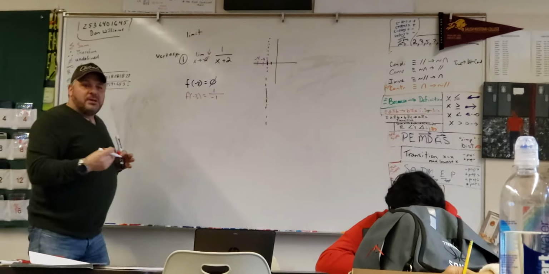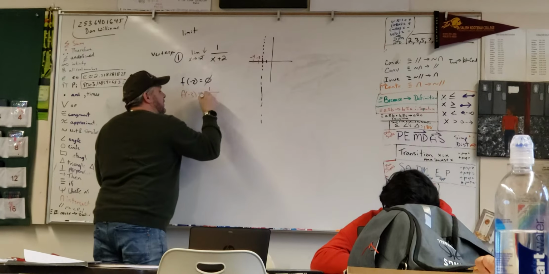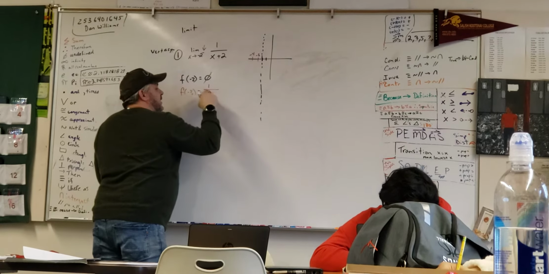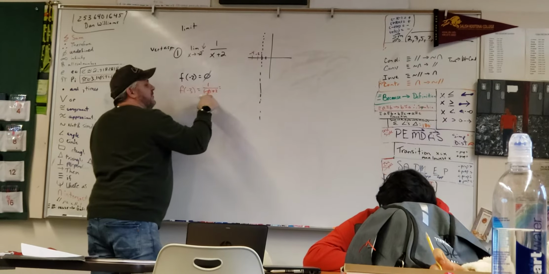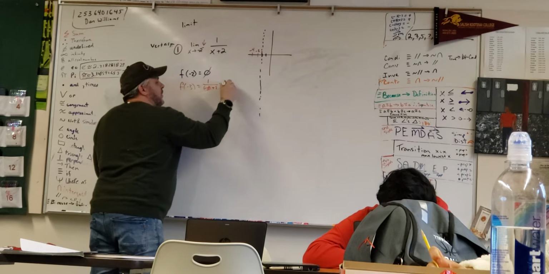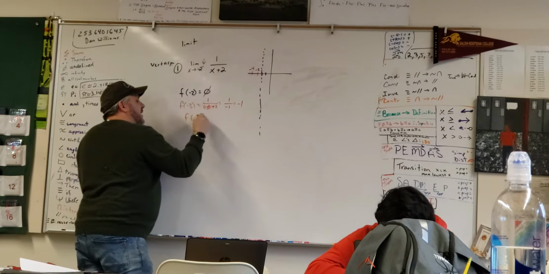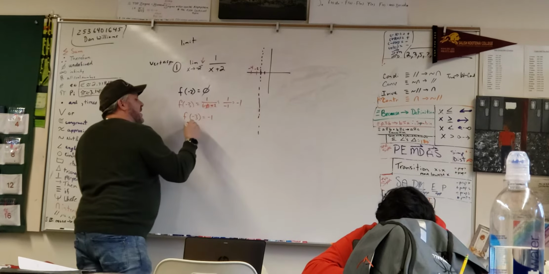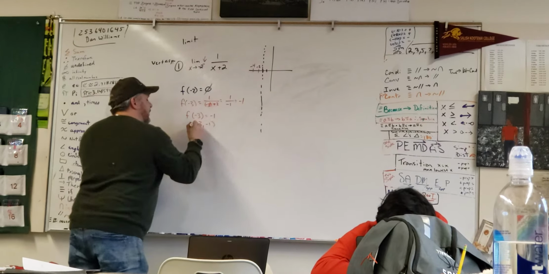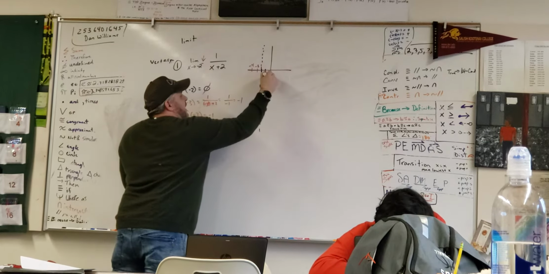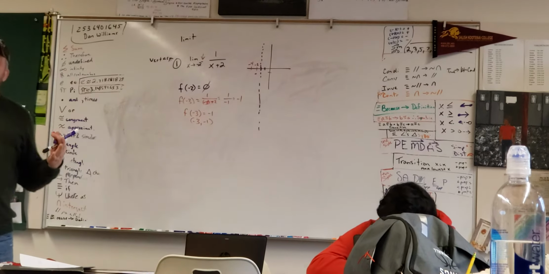Let's skip steps on this first one. -3 plus 2 is -1. So f of -3 is equal to -1. That is my coordinate, -3, -1. That's a point, right?